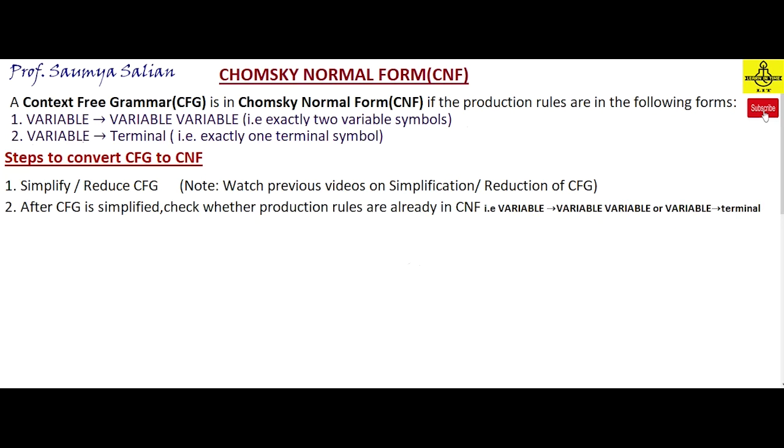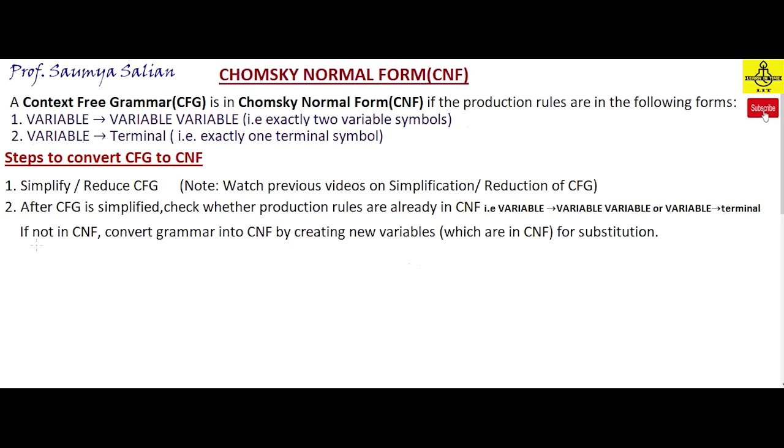After the CFG is simplified, check whether the production rules are already in CNF, that is, either a variable deriving exactly two variable symbols or a variable deriving exactly one terminal symbol. If the grammar is not in CNF, convert it into CNF by creating new variables for substitution such that the new variables that I use are already in CNF.